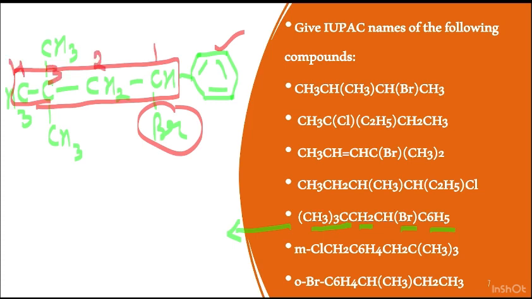This is 1 bromo, and then alphabetically methyls will come first. So 3,3-dimethyl, 1 phenyl again, and the main compound is butane. So 1 bromo, 3,3-dimethyl, 1 phenyl, butane is the name.